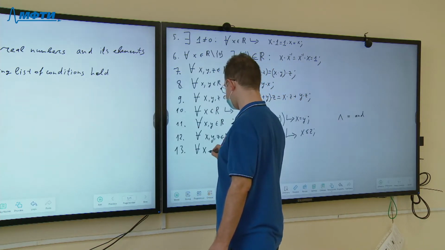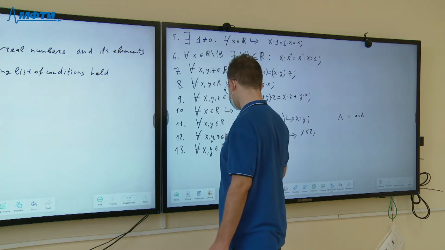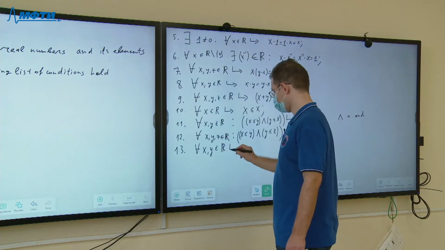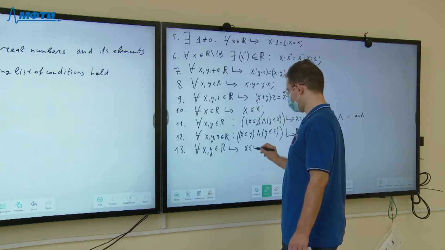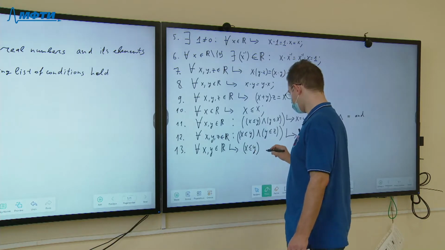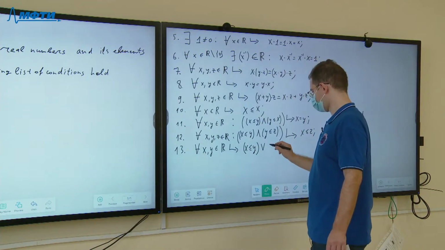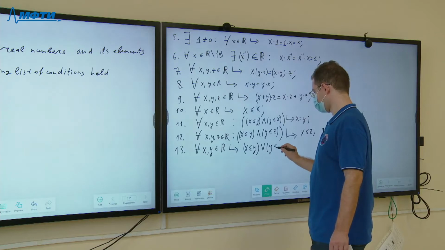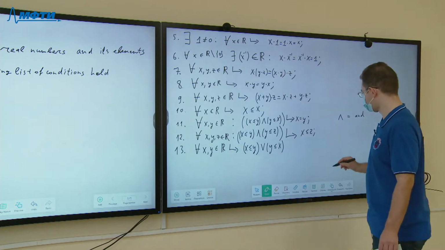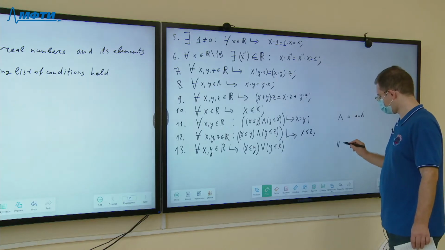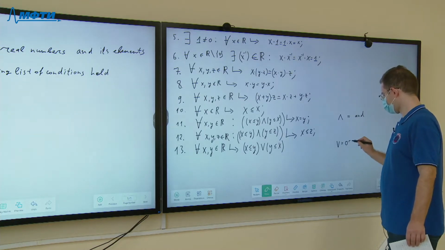For any two real numbers, x less or equal than y or y less or equal than x. This symbol means OR.